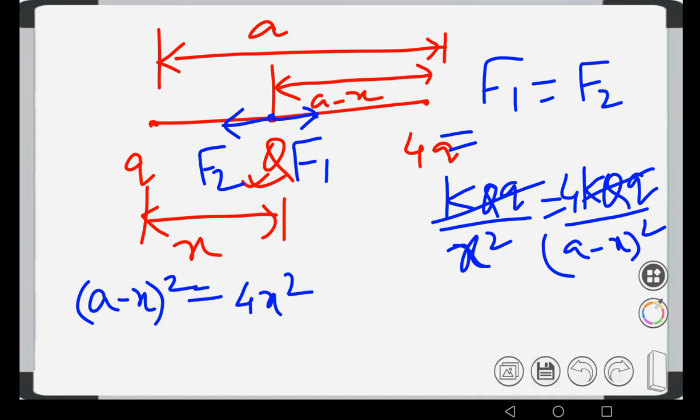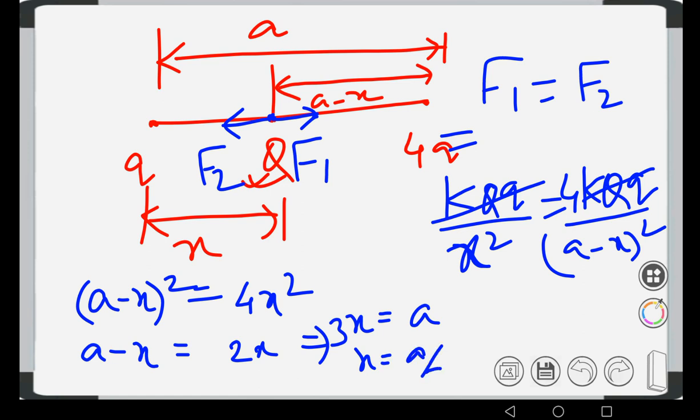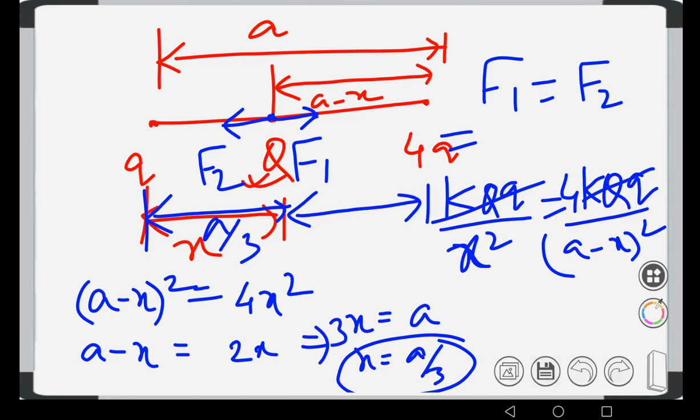Taking the square root of both sides, we get a minus x equals 2x, hence 3x equals a, and x comes out to be a by 3. So if we keep capital Q at a distance a by 3 from small q, or 2a by 3 from 4q, the net force on capital Q becomes 0.